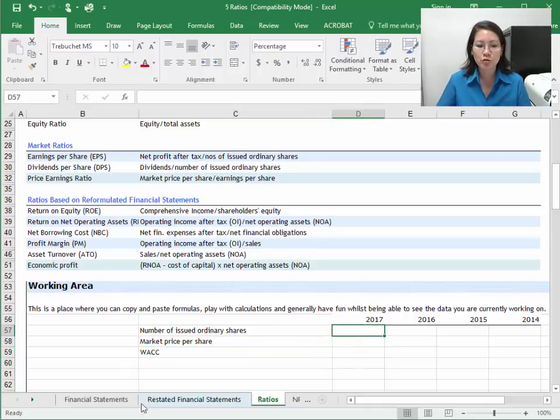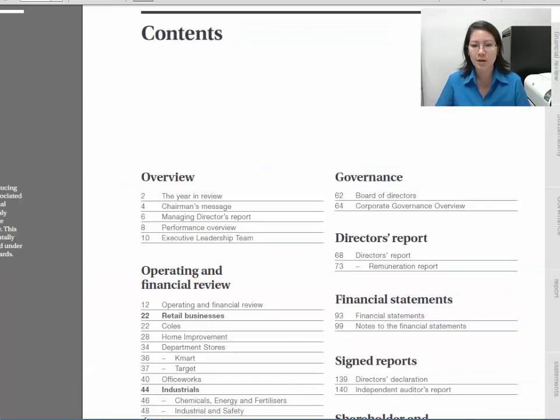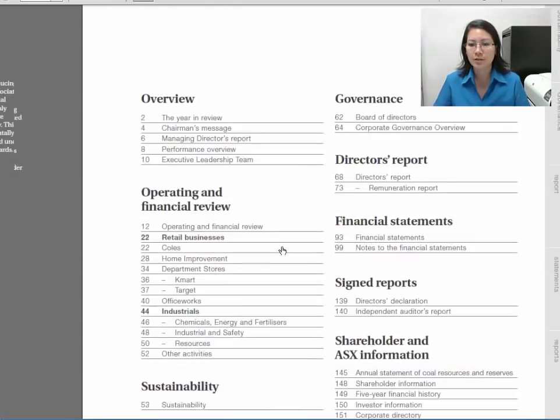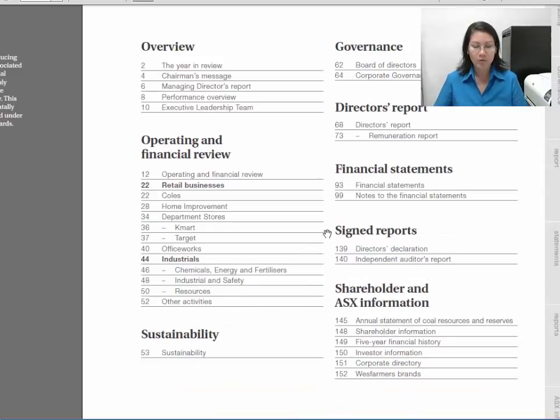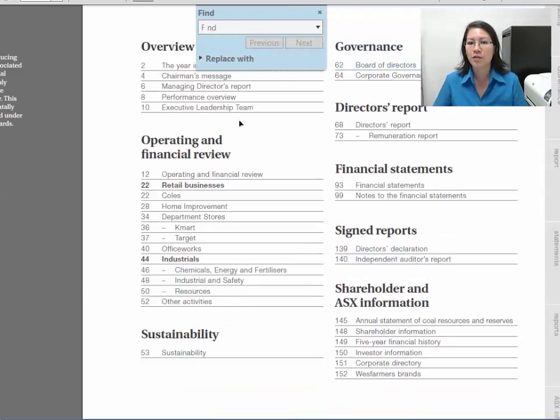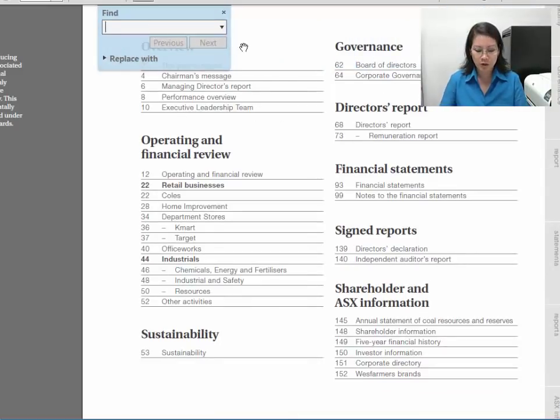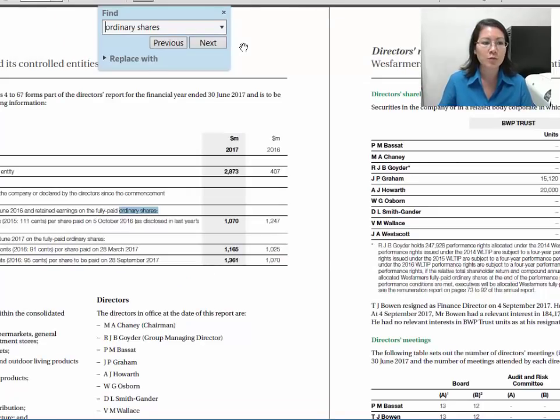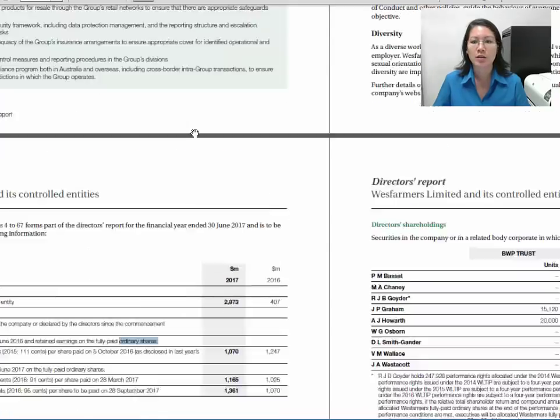Now my number of issued ordinary shares, go back to my annual report and open my 2017 up first and search, so Control F, and let's put in, say, ordinary shares. Now sometimes actually what I should have done was go to the notes on equity in my balance sheet. Let's go and do that first actually.